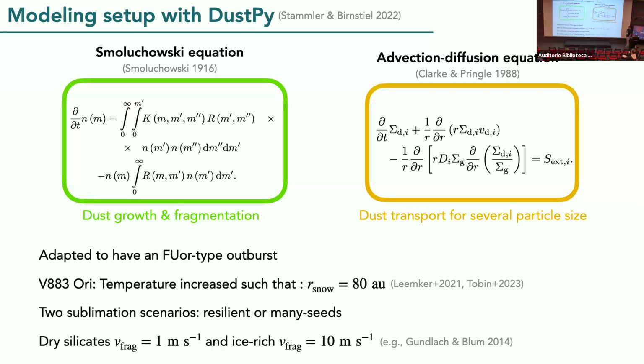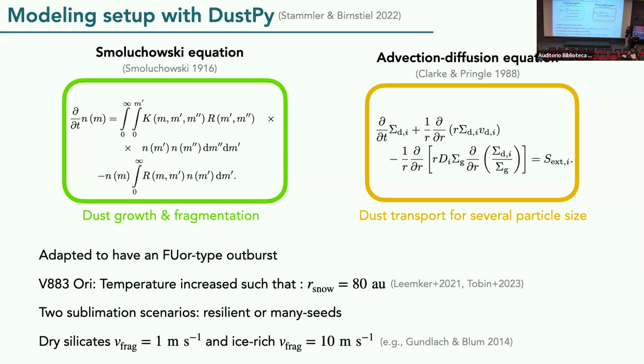We modified it, of course, because we want to study FUor-type outbursts, as we will see after. We are focusing on V883 Ori. In V883 Ori, we had a talk yesterday by Maho Limker, but also the new data of John Tobin, with direct observation of water vapor, teaches us that the midplane snowline is at 80 astronomical units. So we make an outburst with such a strength that the temperature at 80 AU will be 150 Kelvin.